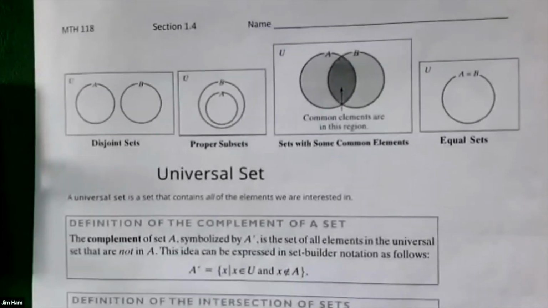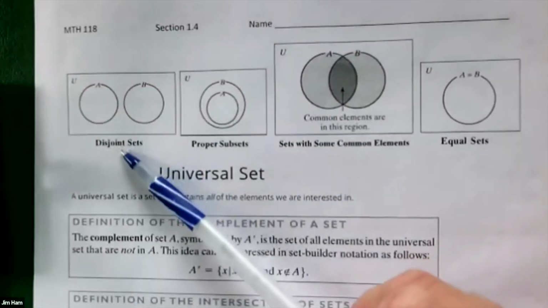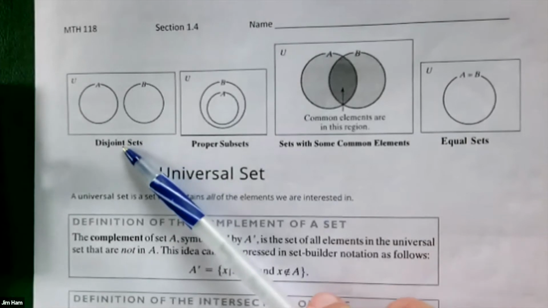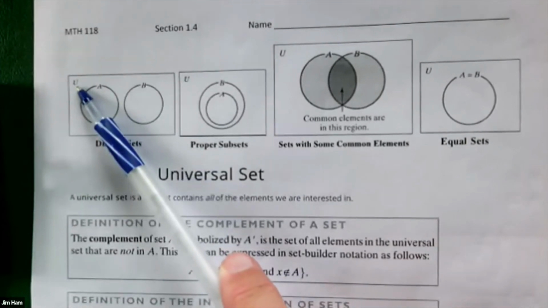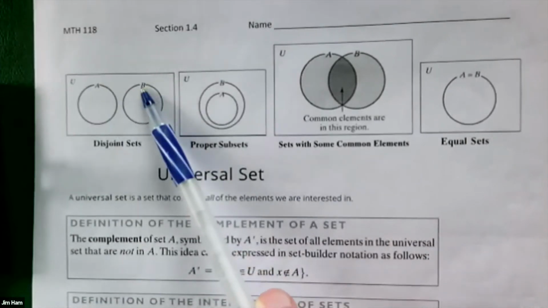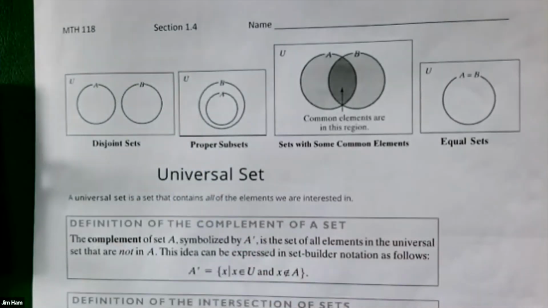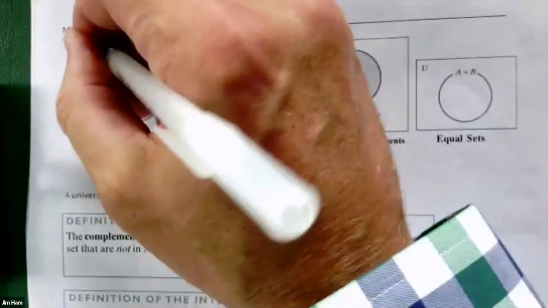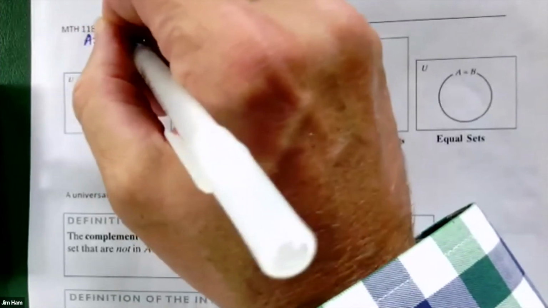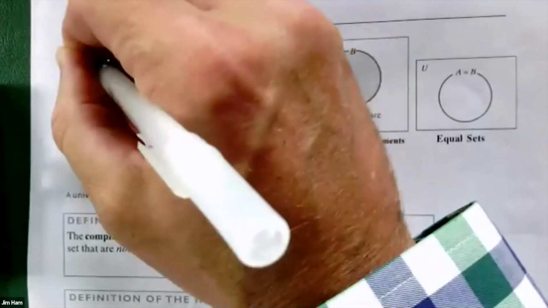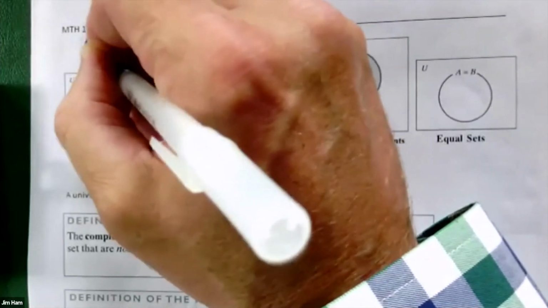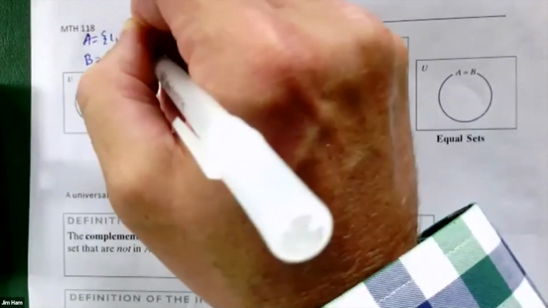usually, not always. All right, a couple of definitions up here. You have the universal set U, and then you have set A and set B. A and B do not overlap in any way, so we say that they have no elements in common. An example for this would be if A was {1, 2, 3}, and B was {a, b, c}.